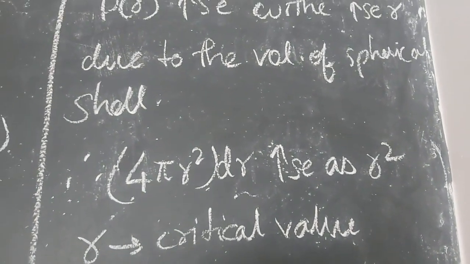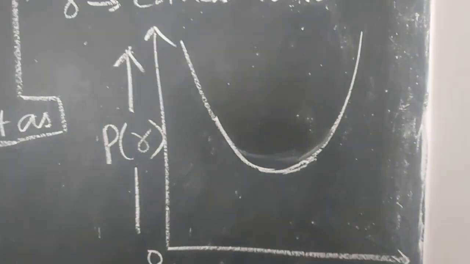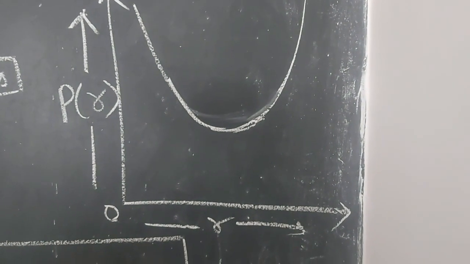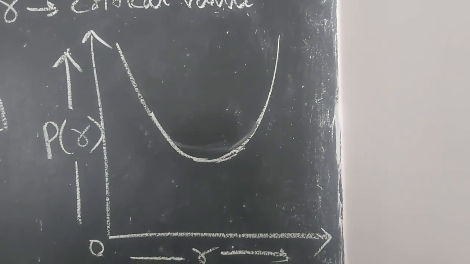We will get r as a critical value when we plot a graph like this. The graph will be probability of radius versus radius of the solution inside an electrolyte.